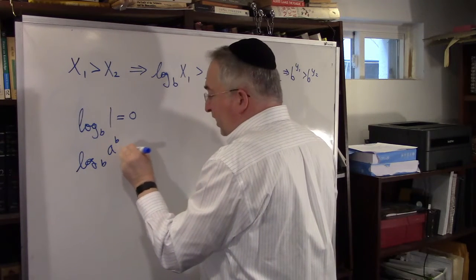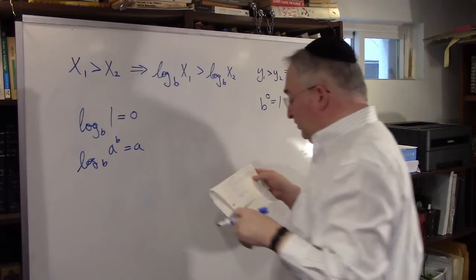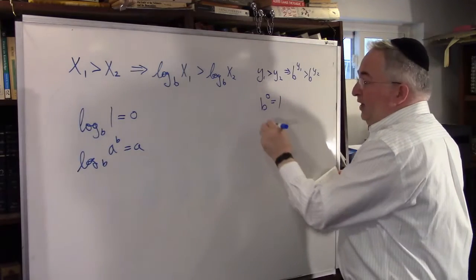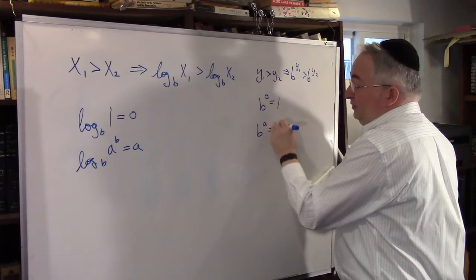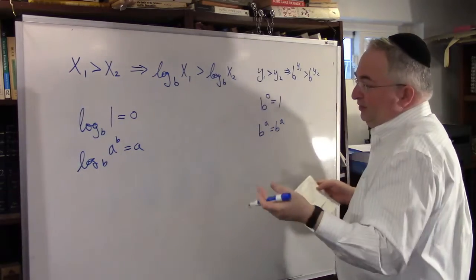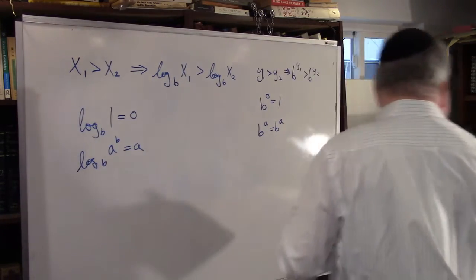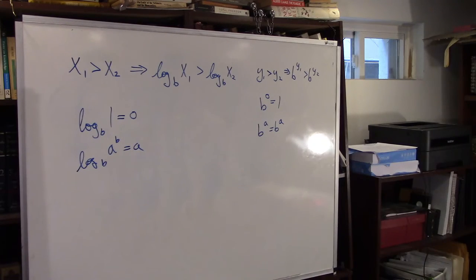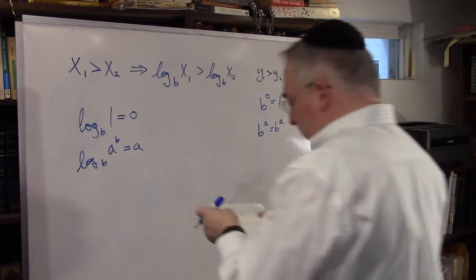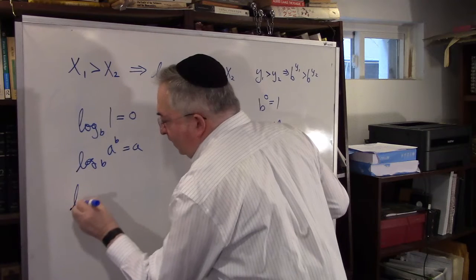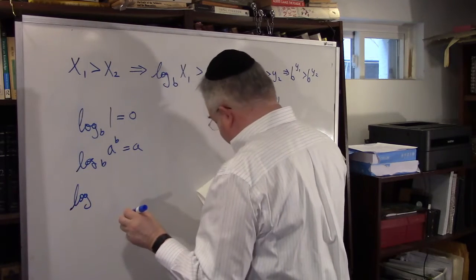And the answer is a. We just did that 2 minutes ago as inverted things. Okay, and that basically says b to the a is equal to b to the a. Again, that's by definition.